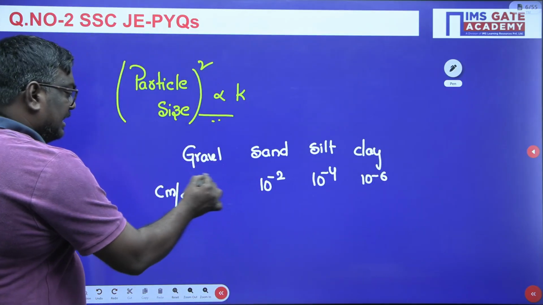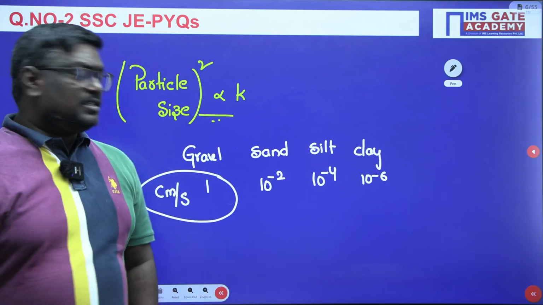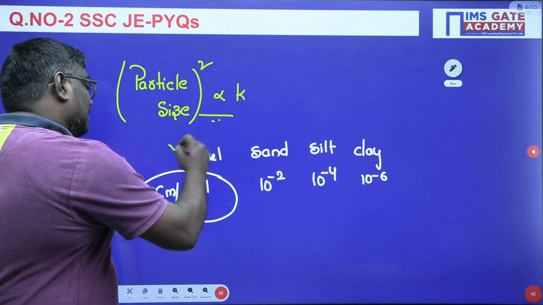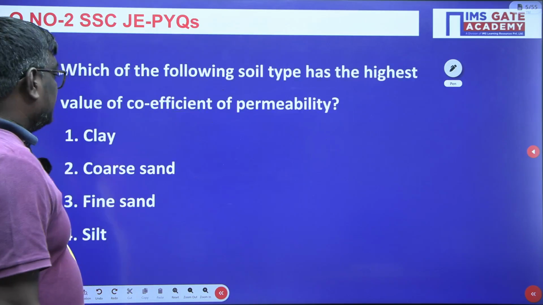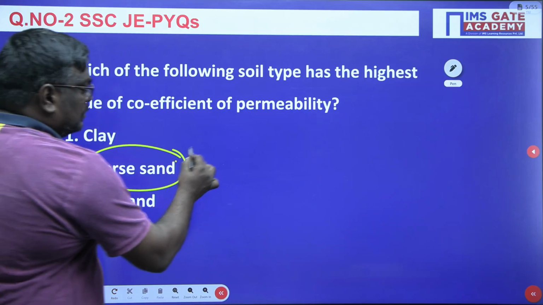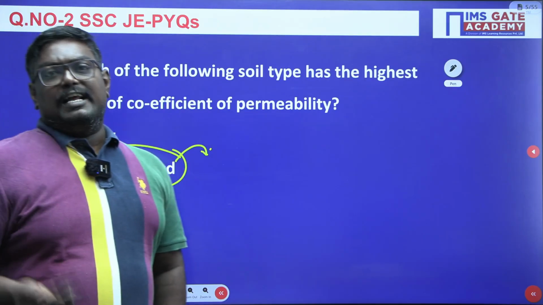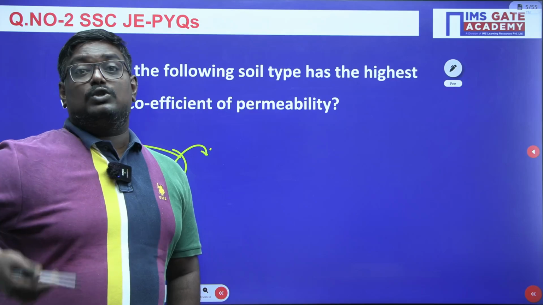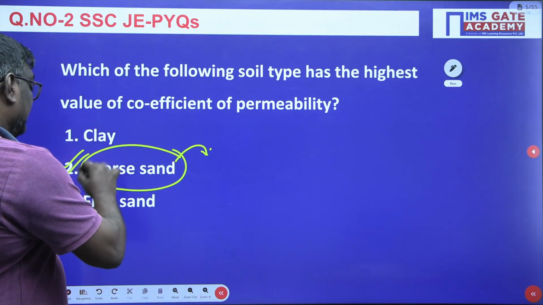From this, it is evident which has the most coefficient of permeability, students. Obviously, gravel is the one. So the option here is coarse sand, because here there is clay, silt, and fine sand, and coarse sand size is more than fine sand. So option 2 is the right answer.